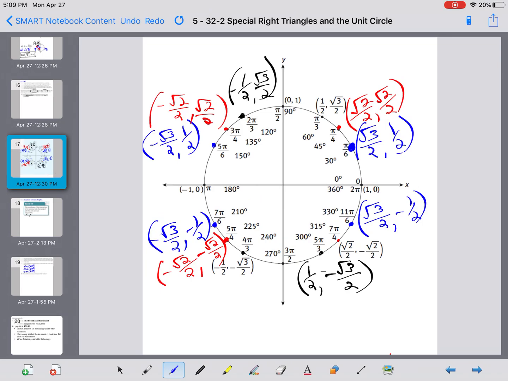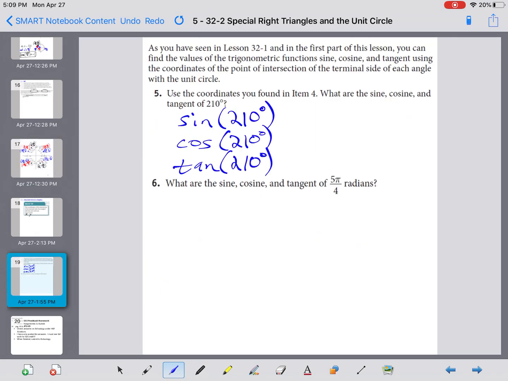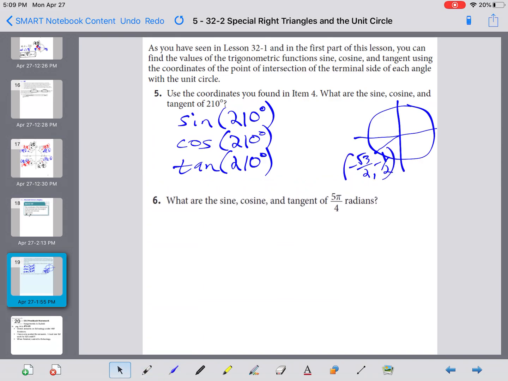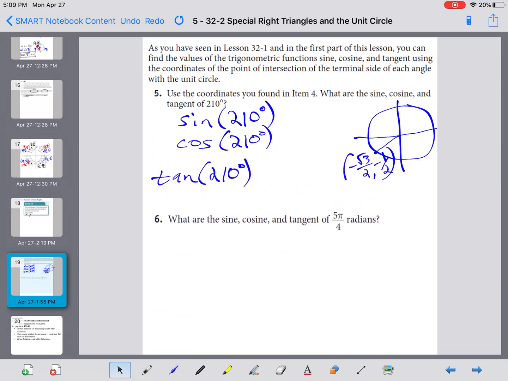So the xy value is negative root 3 over 2, negative 1/2. If I know that, I can find the sines and the cosines and the tangents much, much quicker.